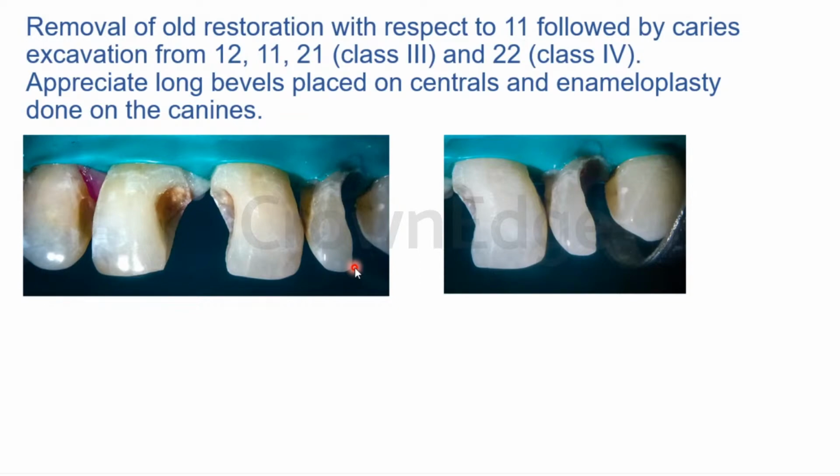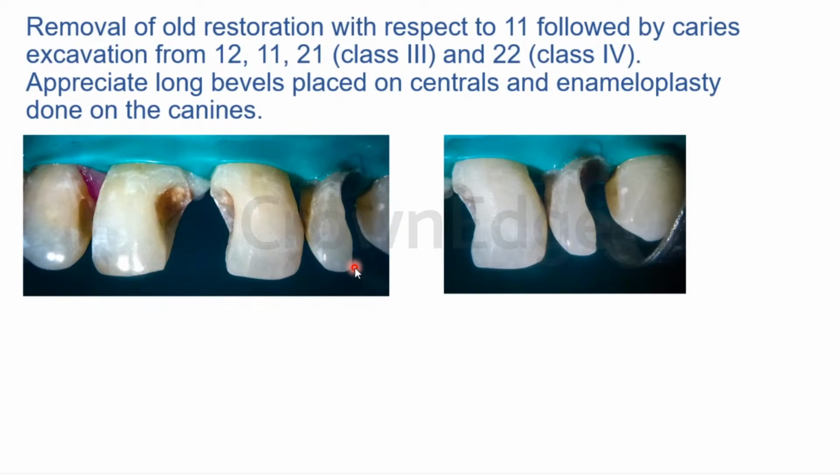All right. So we wait for 15 to 20 seconds until we get a frosty appearance in the enamel. We wait for that 15 to 20 seconds because we want those microporosities to be created, for those resin tags to be inculcated into these porosities. We need a good amount of porous depth in our porosity, right?